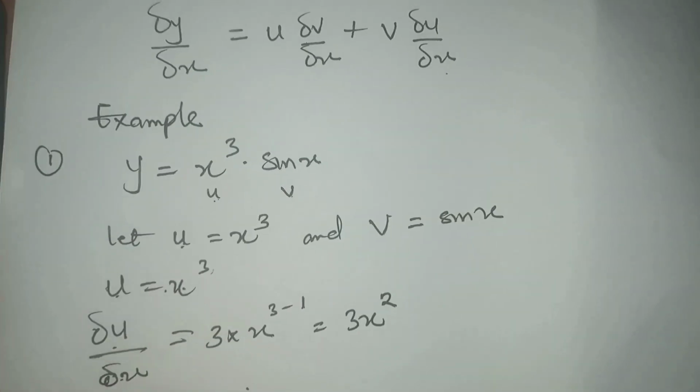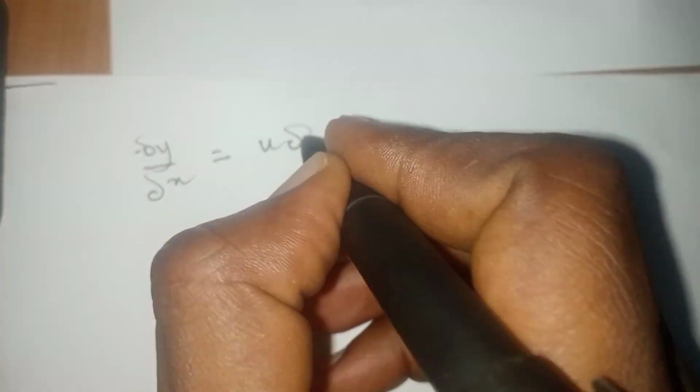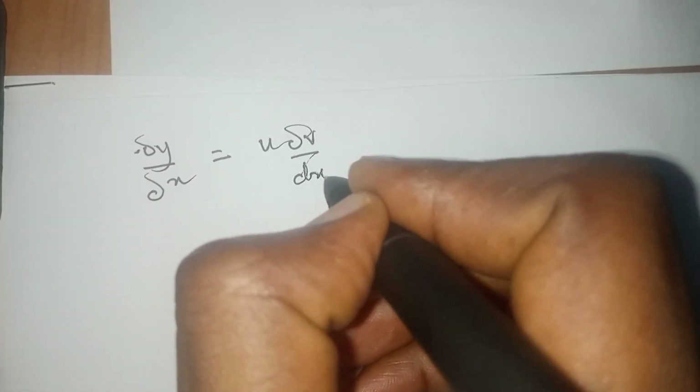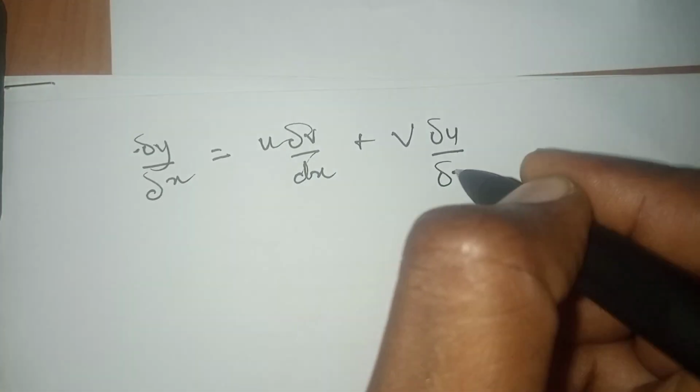So let's start with the first one. Don't forget, for differentiation of product of function, dy/dx equals u dv/dx plus v du/dx.